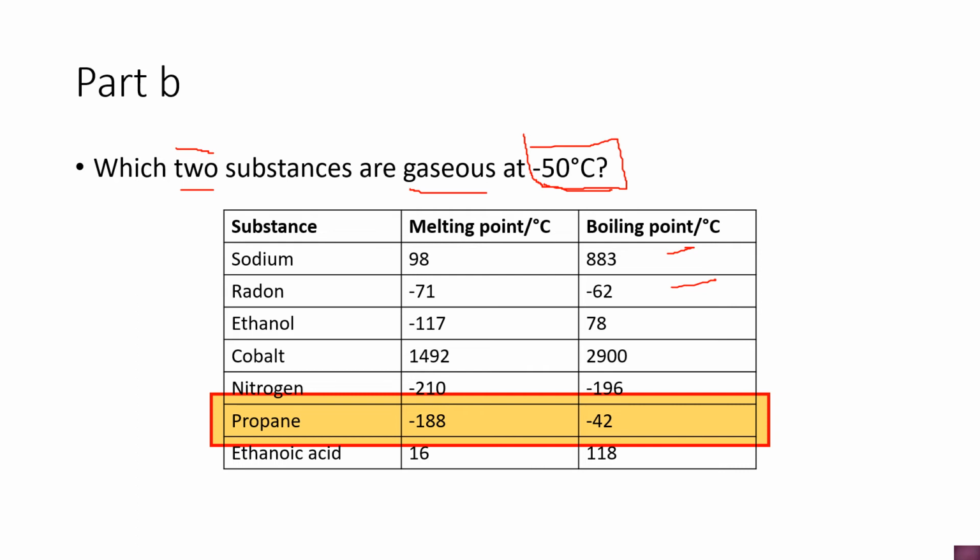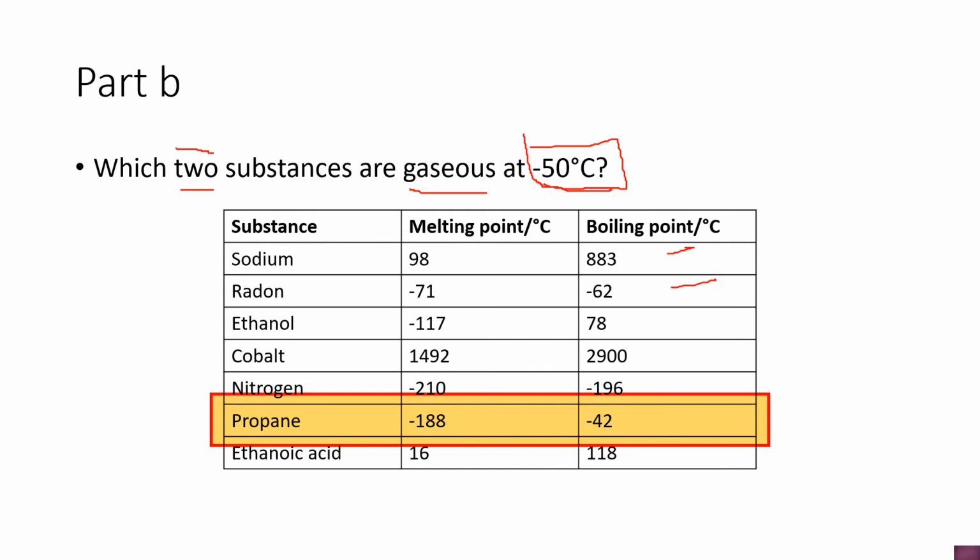Because already, for an example, you can see before the water boils at 100 degrees Celsius, there's some gas escaping from the container. So we can assume that case for this question as well.